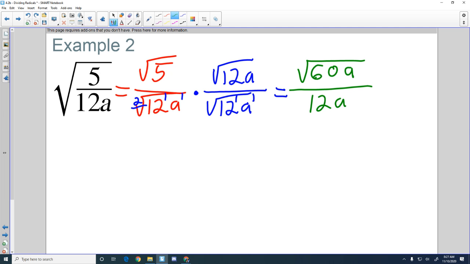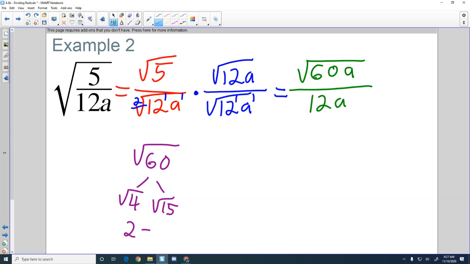So this goes back to simplifying radicals with your factor tree. When I see 60, I think about time. Like there's 60 minutes in an hour, and a quarter of an hour is 15 minutes. So I could actually break down the square root of 60 as the square root of 4 times the square root of 15. And do we know the square root of 4? It's just 2.